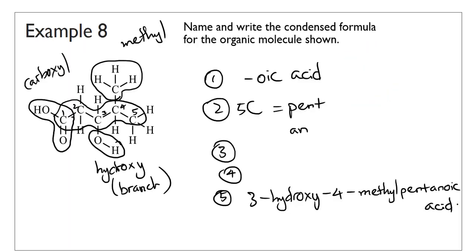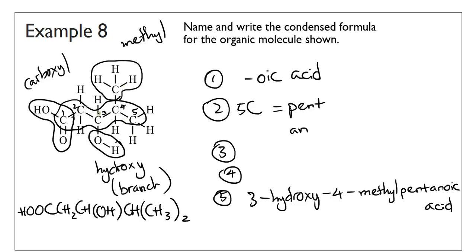All right, let's go back and do condensed formulas before I start the next group. You can start from this end, but if you do that, you have to go HOOC just to show where the carbon chain starts, and then CH2, CHOH, CH. Because I'm lazy, I'm just going to put both of these in brackets.